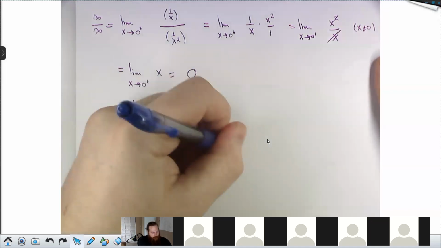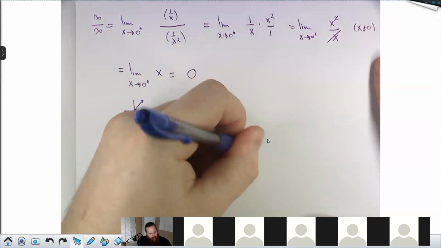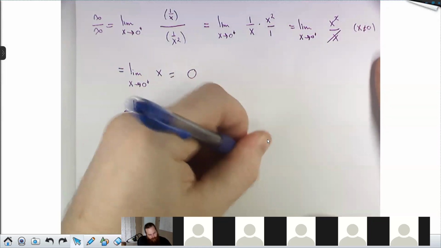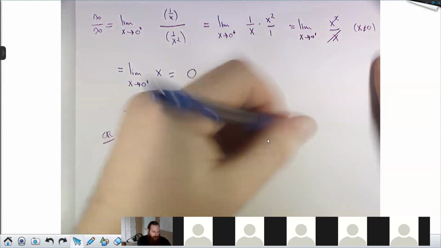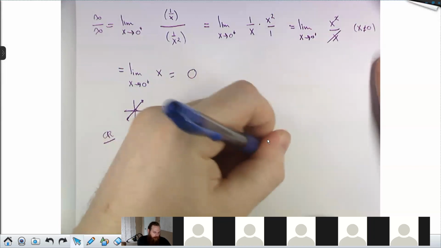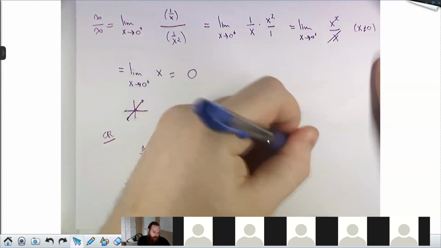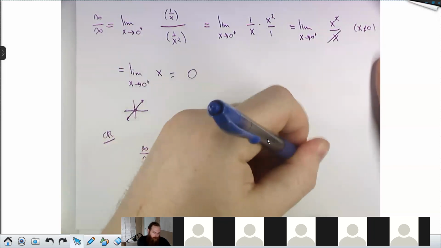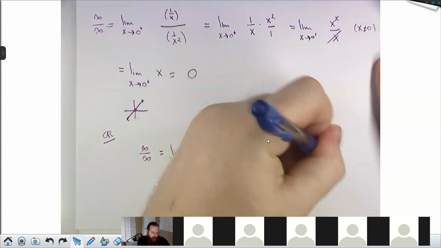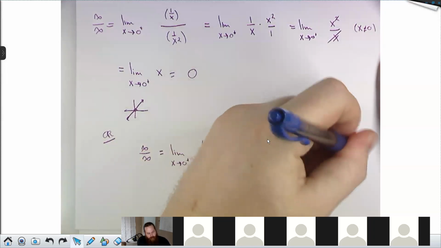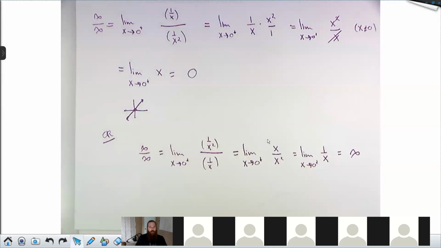But if you do the same sort of thing, you clean it up algebraically, this will be x over x squared, which is 1 over x. And this one we know is infinity. So here's two different infinity over infinities. On the one hand, infinity over infinity can come out to 0. On the other hand, infinity over infinity could come out to infinity.